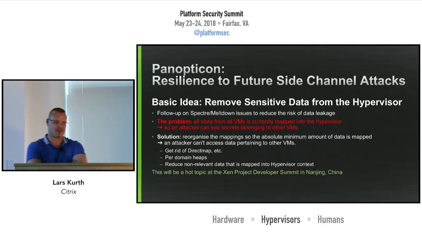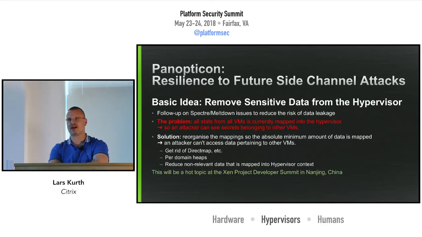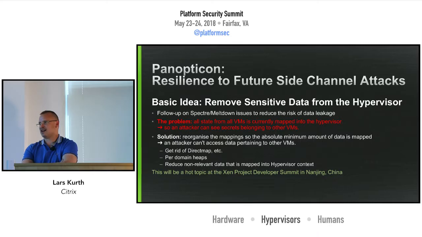There are a number of ideas there. Direct maps, for example, is something we should probably get rid of. Have per-domain heaps and a lot of other things. And there will be quite a lot of discussion around this, I expect, at the Developer Summit in Nanjing next month, and probably discussions following it.